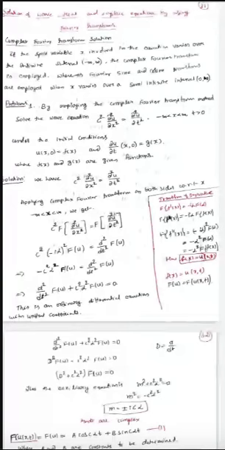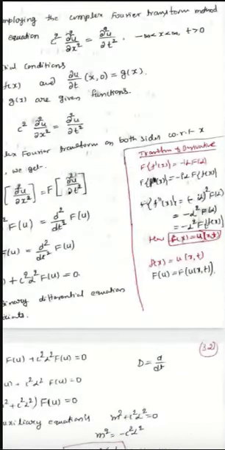We have the wave equation c square into ∂²u/∂x² equal to ∂²u/∂t². Applying the complex Fourier transform on both sides with respect to x: F of ∂²u/∂x², F of ∂²u/∂t². You know how this transformation happens.